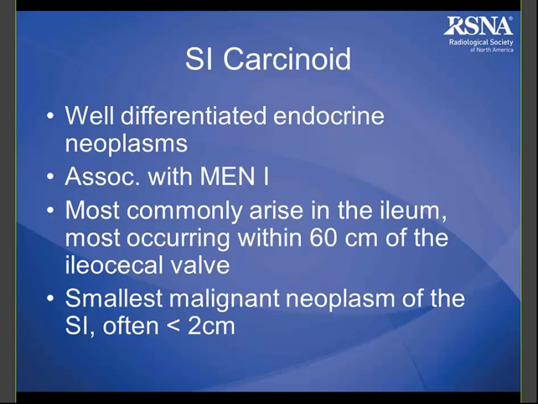So small intestinal carcinoid, usually well-differentiated neuroendocrine neoplasms associated with the MEN1 syndrome, most commonly arise in the ileum, most occurring within 60 cm of the ileocecal valve. They're usually very small lesions of the ileum or small intestine, often less than 2 centimeters.